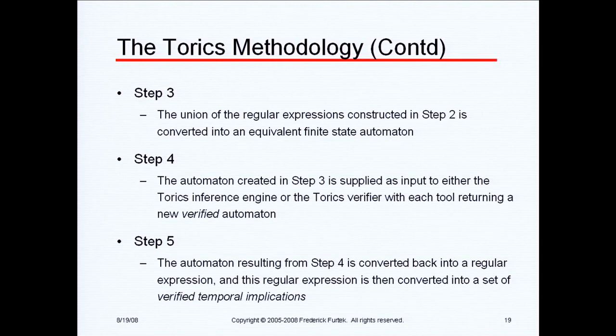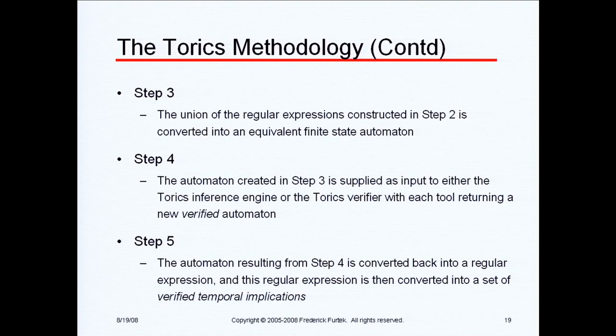There they have a combinatorial explosion. Here, this finite state machine grows linearly with the size of the system. The regular expression grows linearly with the size of your system, and the equivalent finite state machine also grows linearly with the size of your system. There is no state space explosion.